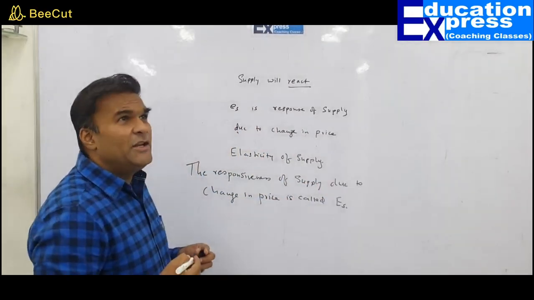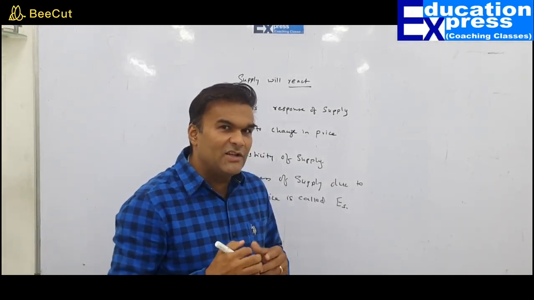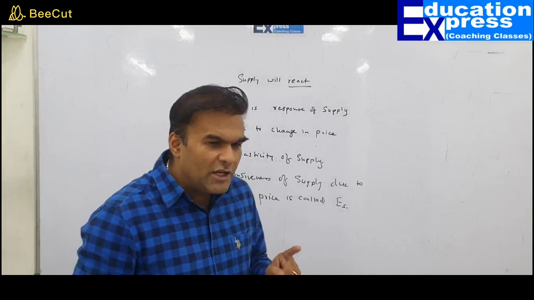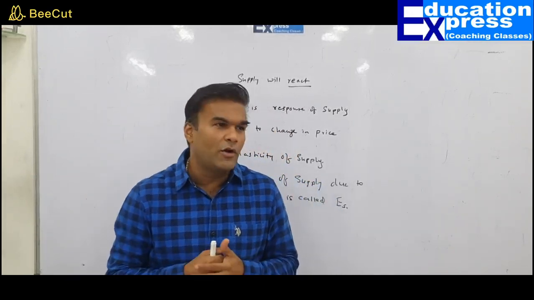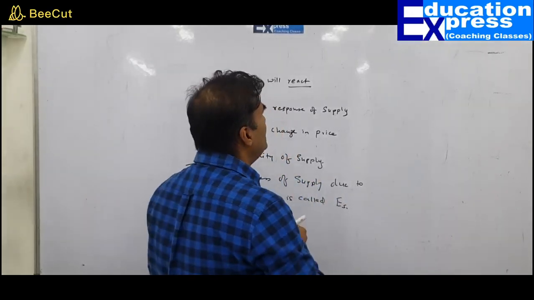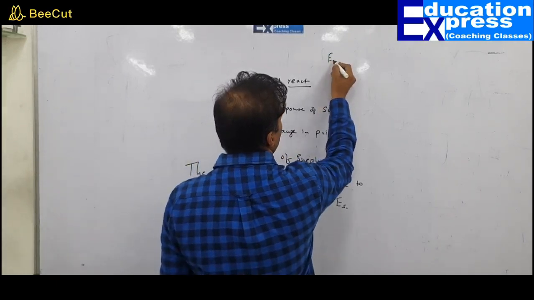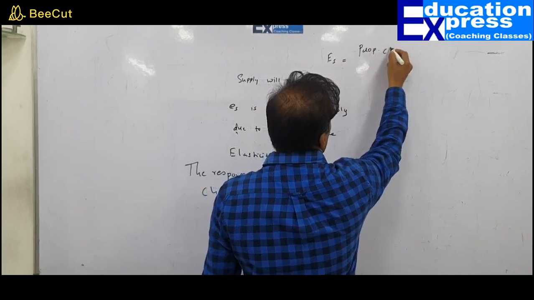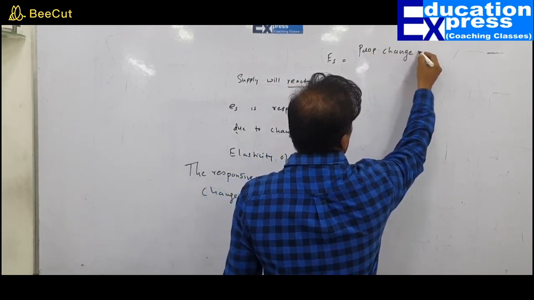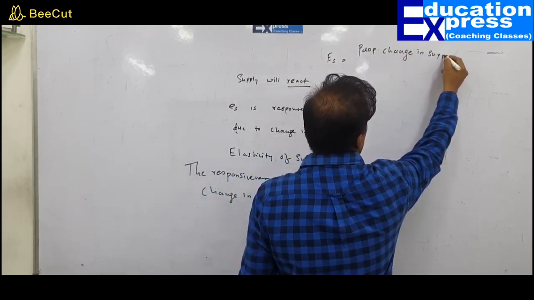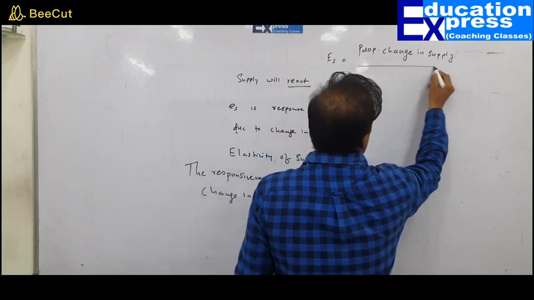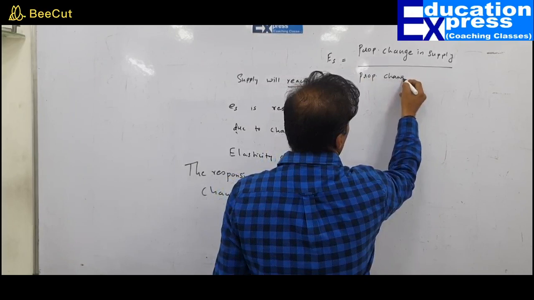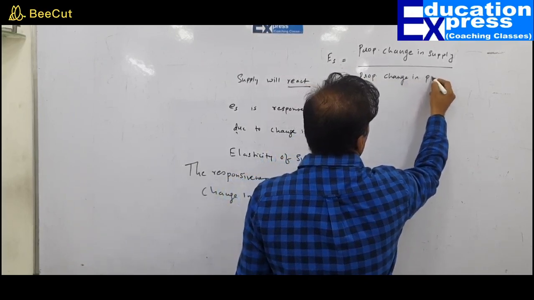So elasticity of supply is defined as the responsiveness of the supply due to the given change in the price of the commodity. Technically speaking, you can write this as elasticity of supply is proportionate change in supply upon proportionate change in price.